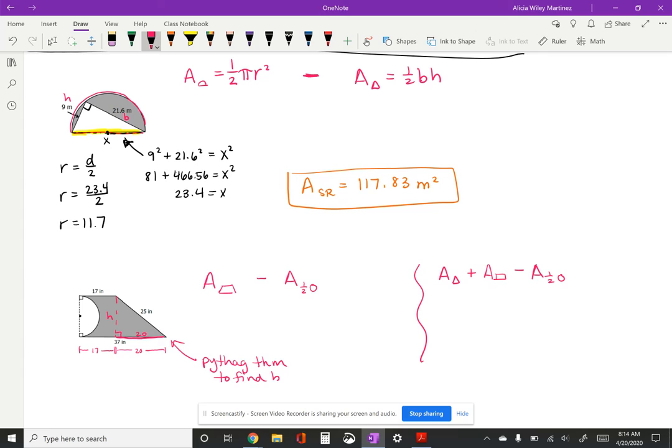We don't know if it's a square or not, because we aren't given h. So you have the area of the rectangle, and subtract that half circle. So you could think of it that way too. Either way you do it, the area of your shaded region is going to be 316.64 inches squared.